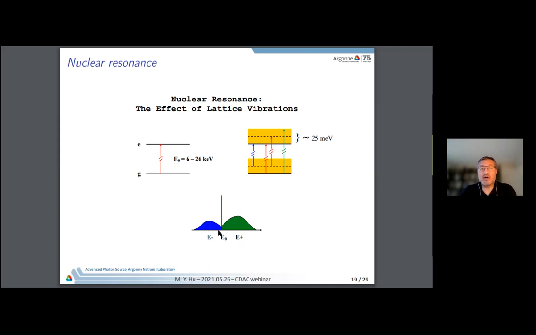If you tune your energy, here's the importance of the tunable monochromators, away from the resonance proper, you can still excite the nuclear levels. This is called the phonon excitation density spectrum.